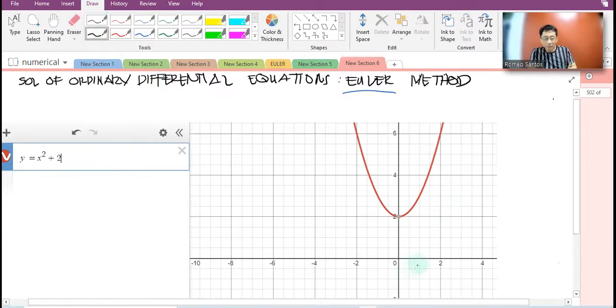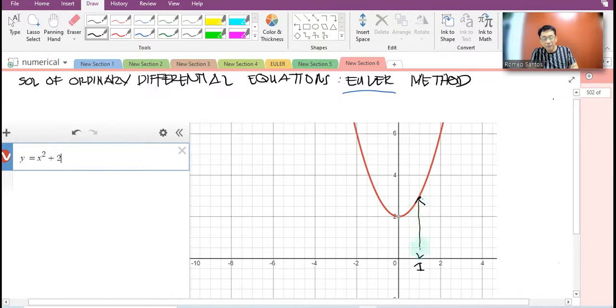If we look at 1, it is here. This is 1. Okay? So we project this up, it is here. So what is this distance, from here up to here?